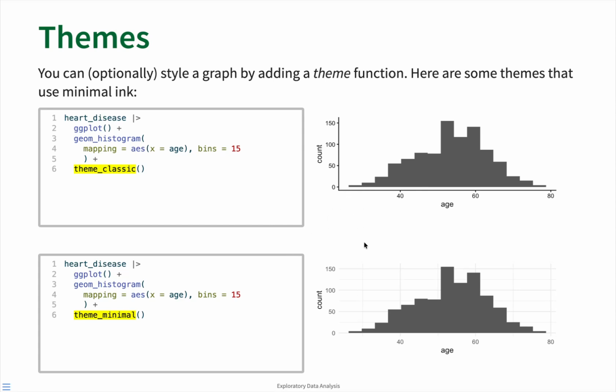And as you can see from the two histograms here, they remove a lot of the elements that are in the default ggplot. They get rid of the background color and different lines that are on the graph, such as the grid lines, or in this case, the axis lines. As with the labs function, we just add those to the existing graph code.